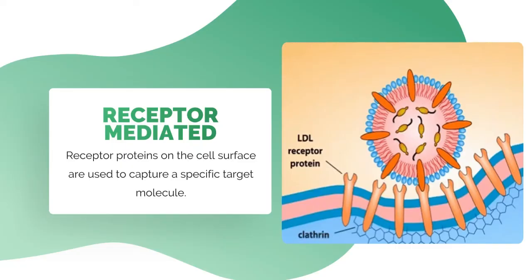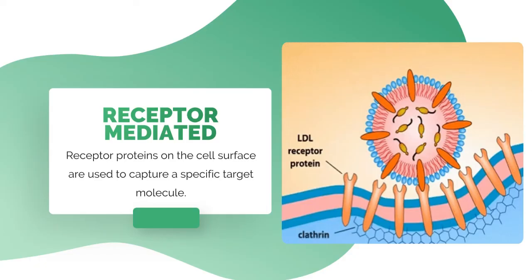Lastly, you have the receptor-mediated endocytosis. Receptor proteins, ito po mga mukhang screw dyan. Receptor proteins on the cell surface are used to capture a specific target molecule. Di po kasi gumagana yung animation dito, so you can use the PowerPoint in the description box to see the animation. Kung ano po yung shape ng molecule, ganun din po yung shape ng mga receptor, kasi sila po yung tatanggap niyan.